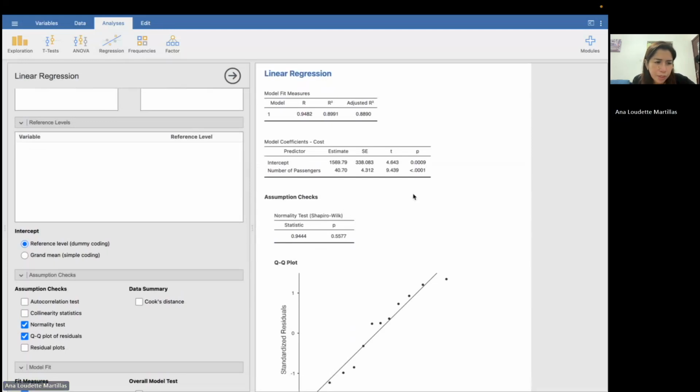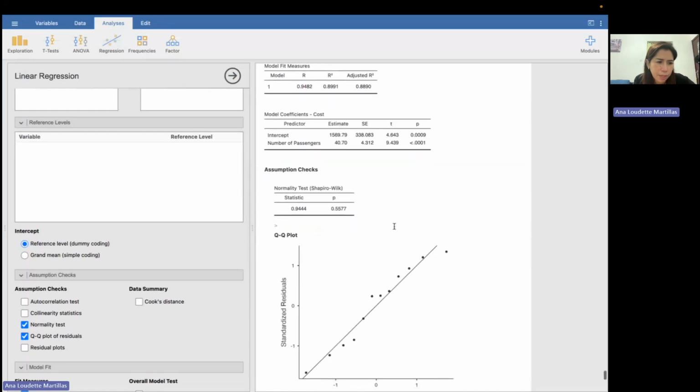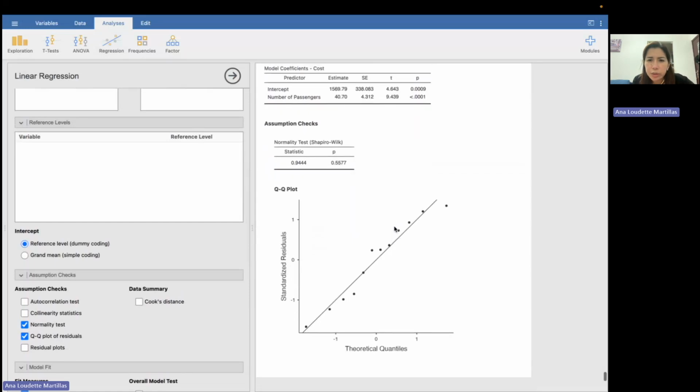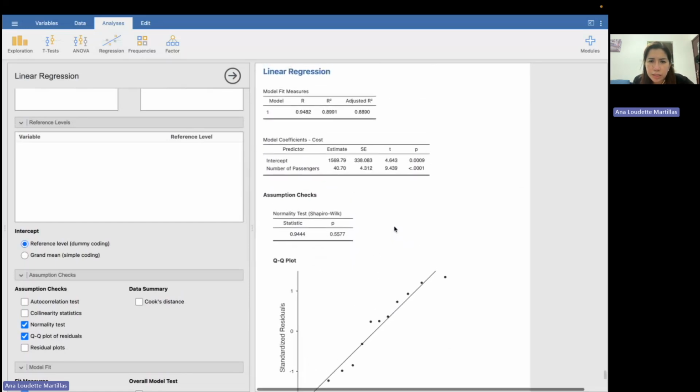Okay. So it is showing a strong linear relationship between the number of passengers and flight cost. The R2 is 0.991.